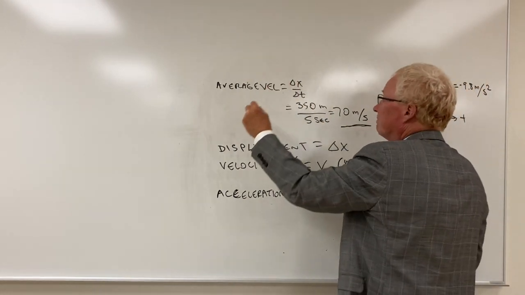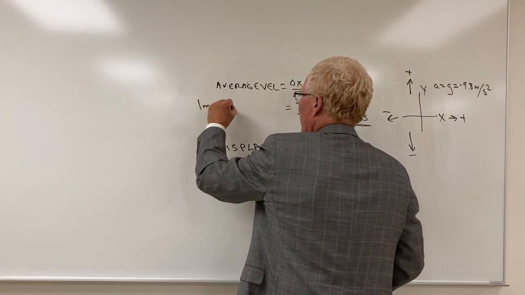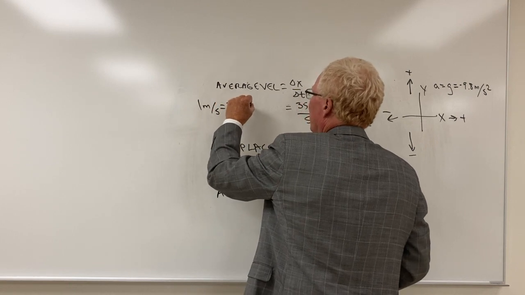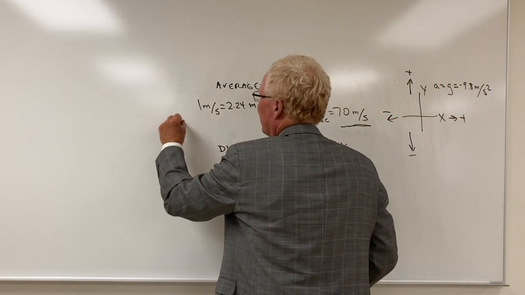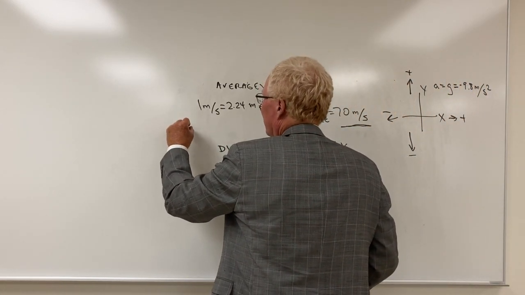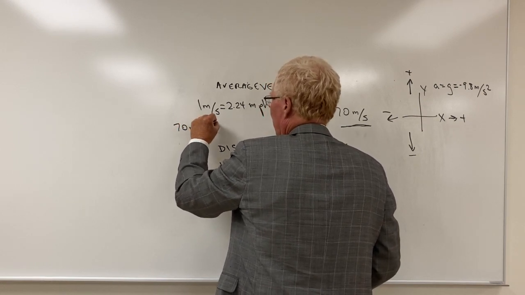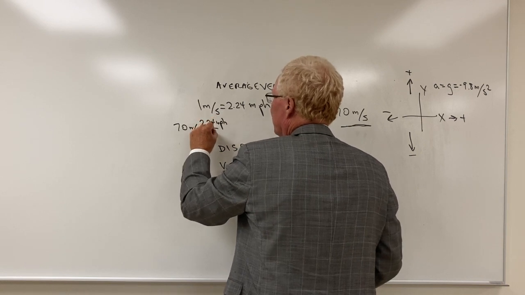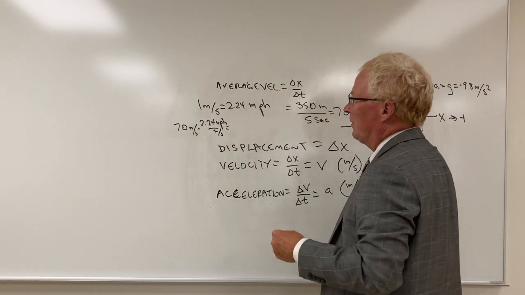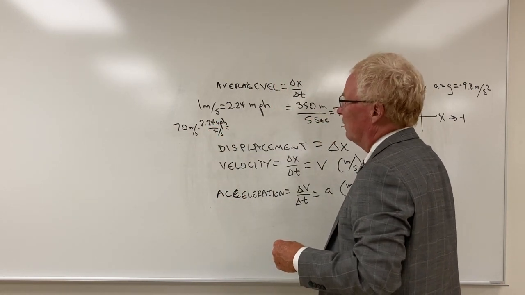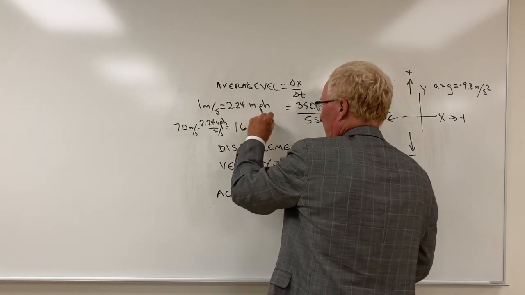To give you an idea of how fast this is, a little bit on conversion. 1 meter per second is approximately 2.24 miles per hour. So 70 meters per second times 2.24 miles per hour per meter per second would be approximately, let's see, about 160 miles per hour.